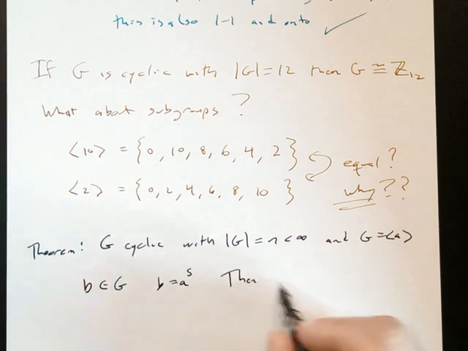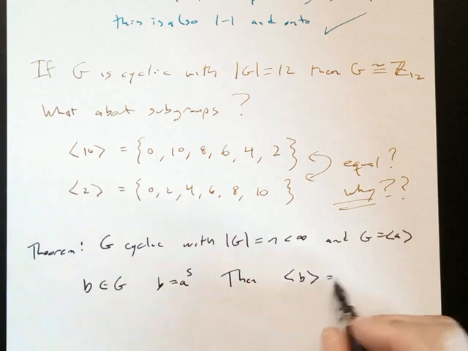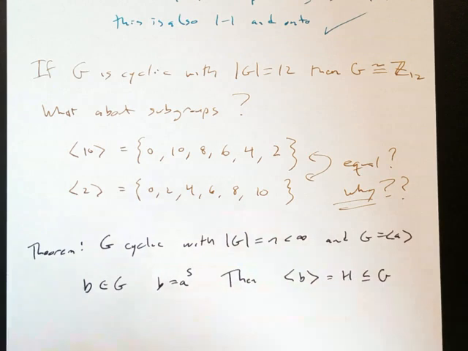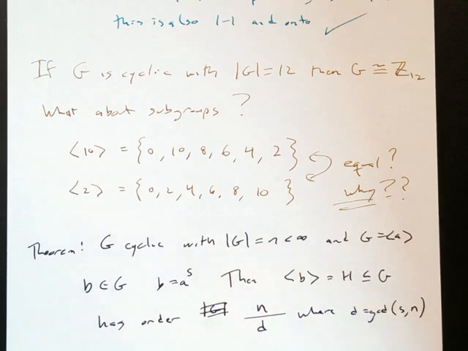Then the subgroup generated by b, let's call that H, has order, where the order of G is n, n over d, where d is the greatest common divisor of s and n.